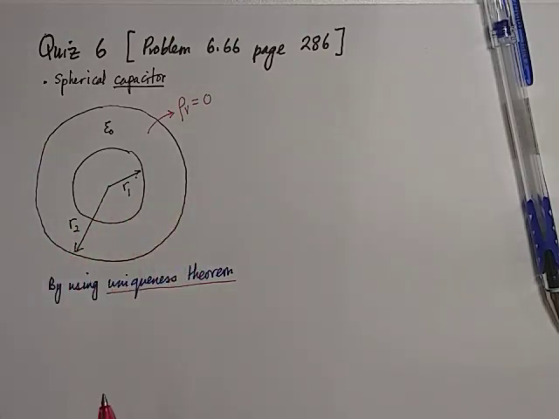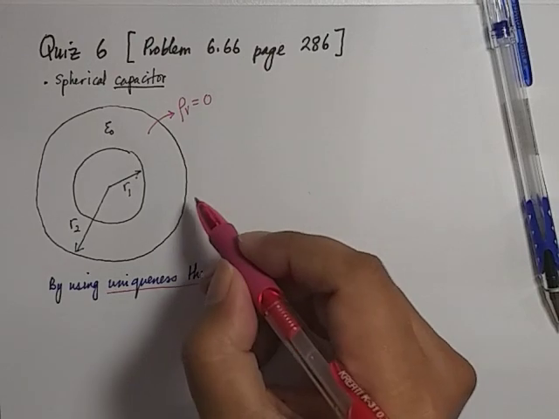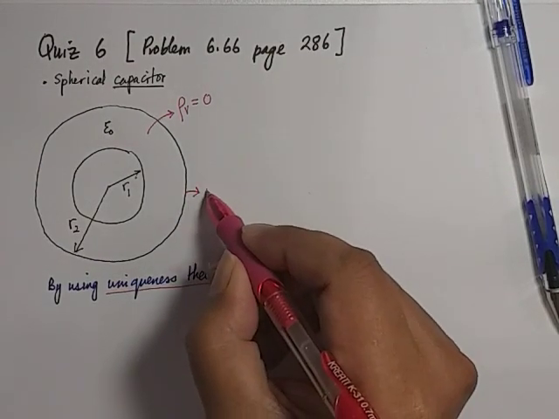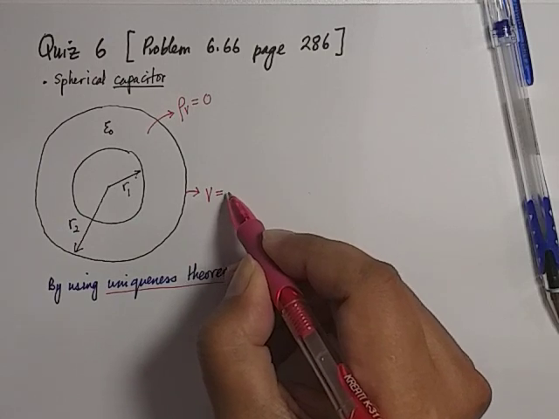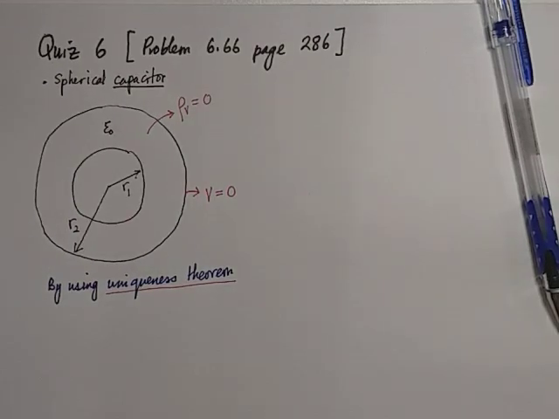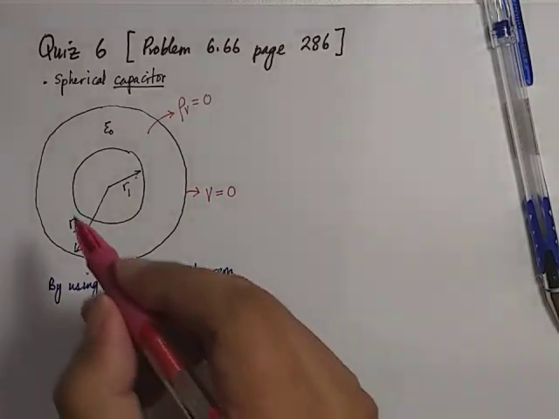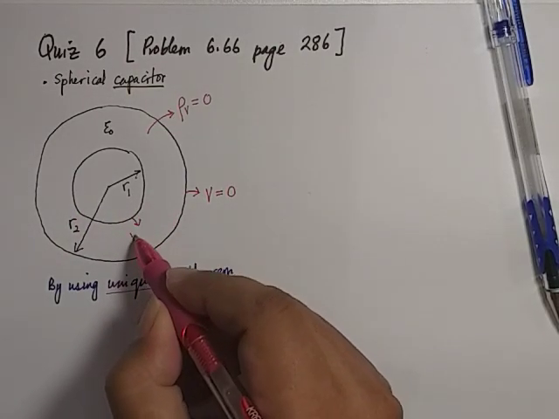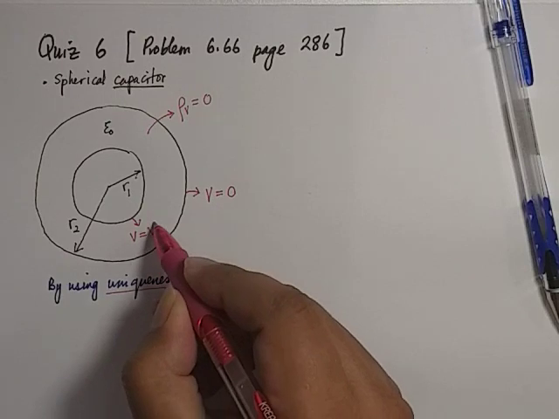And then the second condition needs us to define the boundary. So I'm going to define now that at the outer boundary, the potential V is assumed to be equal to 0 because it is grounded, whereby the inner boundary has potential V equal to V naught.